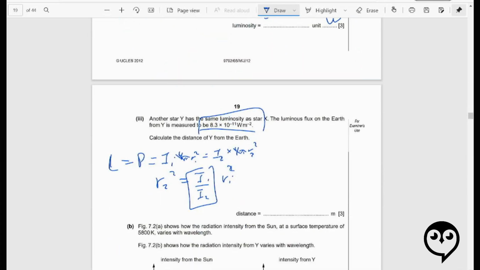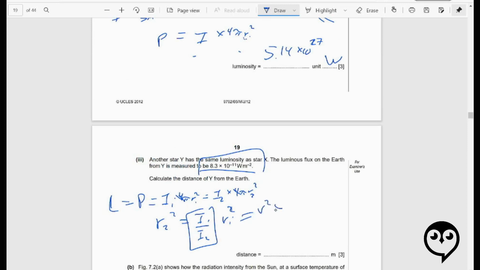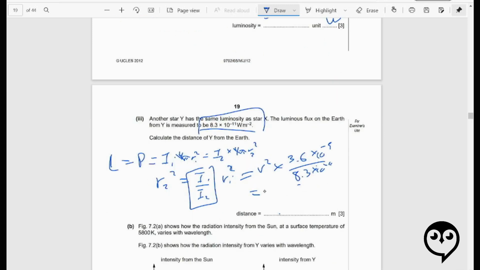Okay. So it looks to be r squared, which I've already got in my calculator, times 3.6 times 10 to the negative 9 over 8.3 times 10 to the negative 11. So I got a big number. Careful on your calculator here. I've messed up a few things, but I've finally got it. It's a big number, times 10 to the 36, but you're going to take the square root for that.